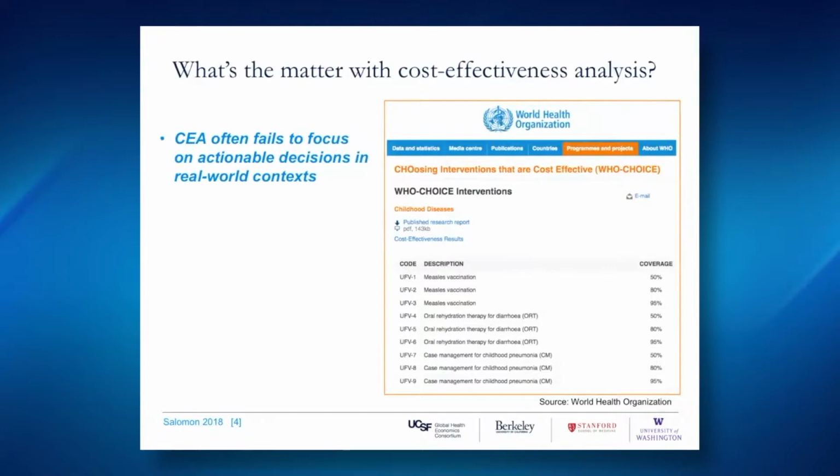And so often what you see in studies, as in this example from work that the World Health Organization promoted a few years ago in cost-effectiveness analysis, is that what are presented as interventions or strategies are actually more like target outcomes because they include some level of coverage without actually realistic specification or accounting for the policies and the operations that would be needed to achieve those target coverage levels.